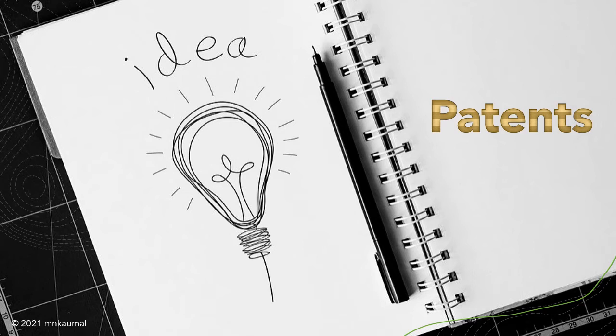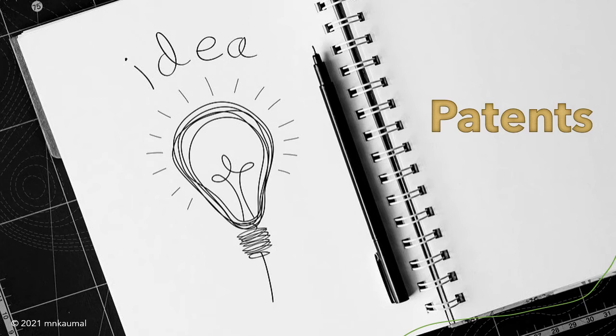The last one is that there should be a utility. Utility means you must have some kind of usage for your invention. Otherwise, there's no way your invention is going to qualify to obtain a patent.